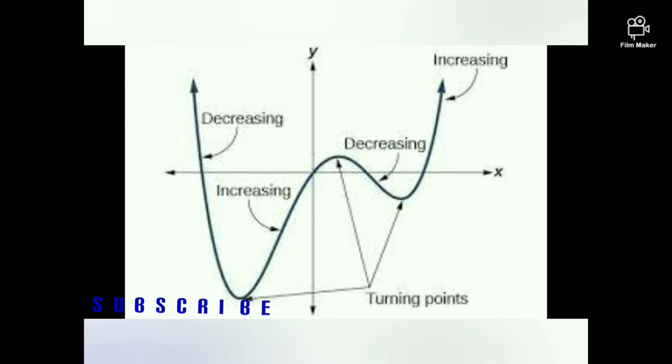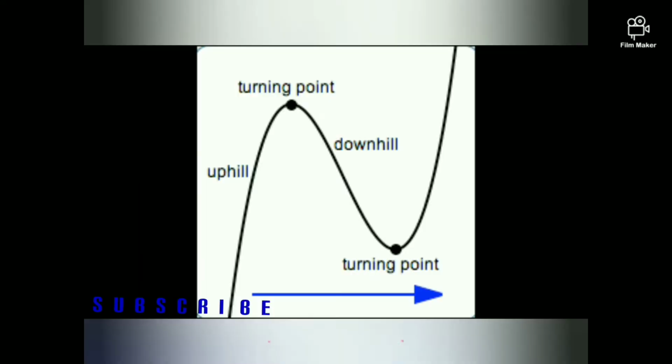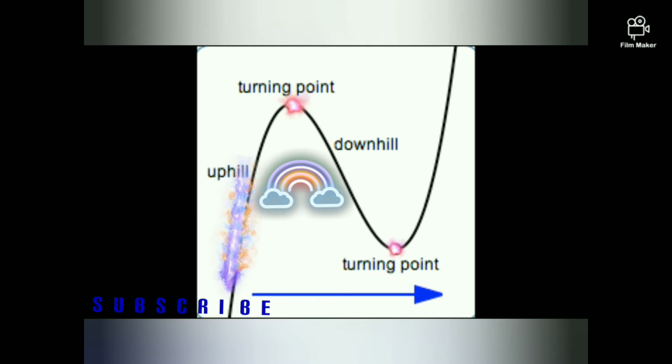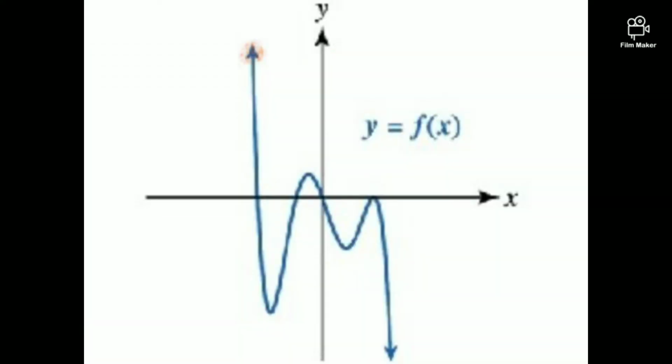And vice versa for the downward position, or even negative degree. And for positive odd degree, it's like going uphill, turning point, going downhill, then turning point, going uphill again, and vice versa for negative odd degree.